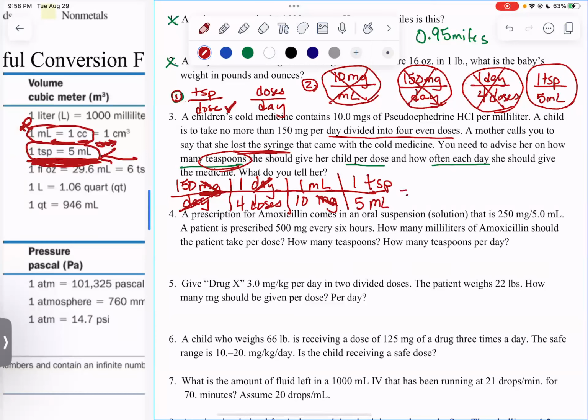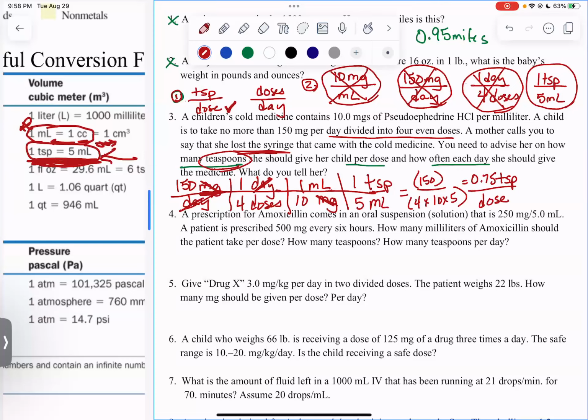And then all I have to do is plug it in. So 150 on the top, in parentheses, divided by 4 times 10 times 5 in parentheses. And what you should get is 0.75 teaspoons per dose.